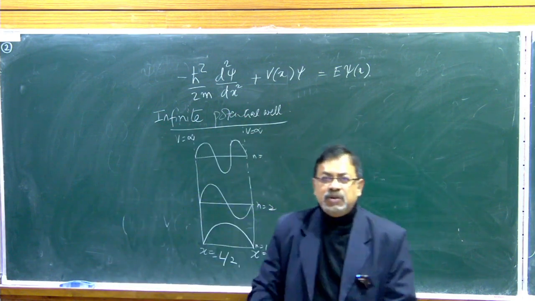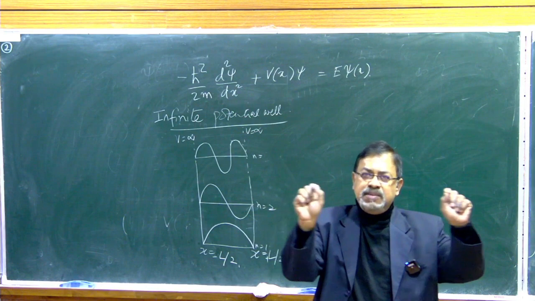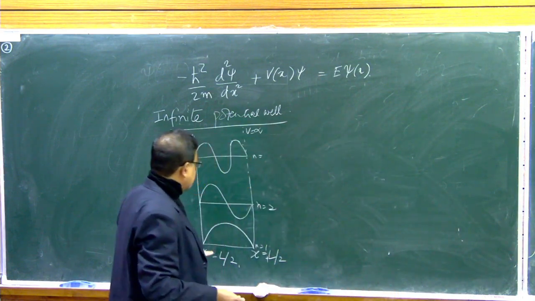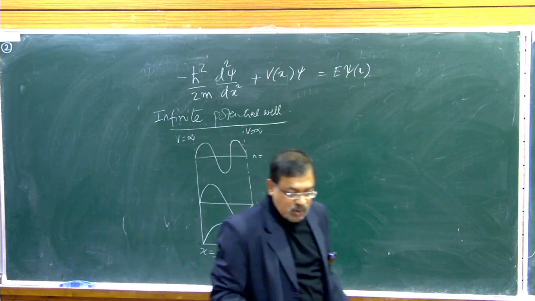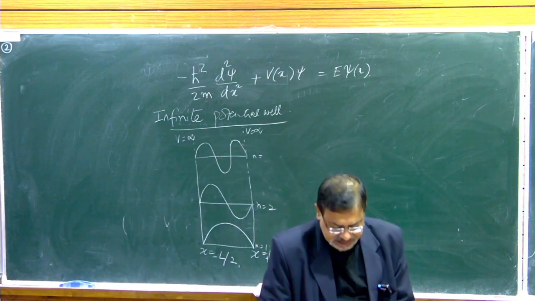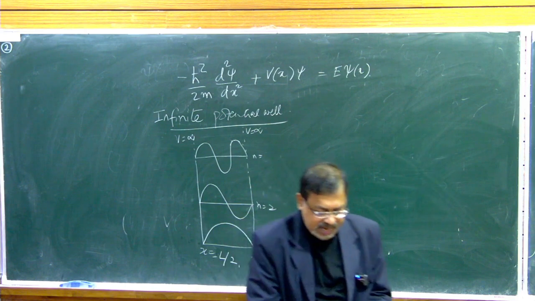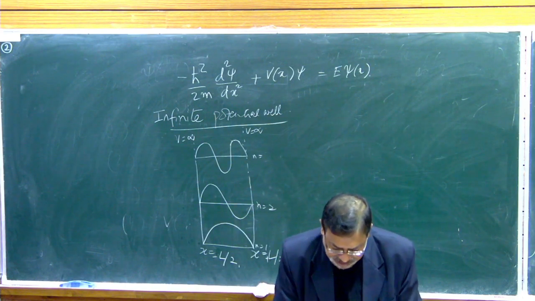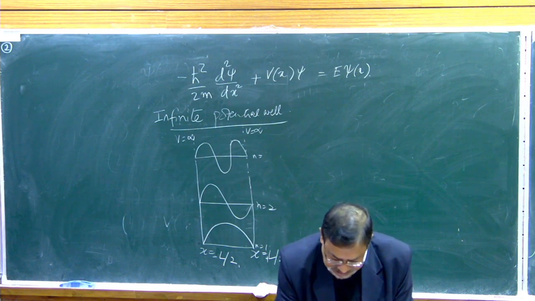So it was from minus L to plus L, and I simply shift it so that it now is from minus L by 2 to plus L by 2. And the question is, is there anything that happens? Yes, there is a good deal of things that happen there.